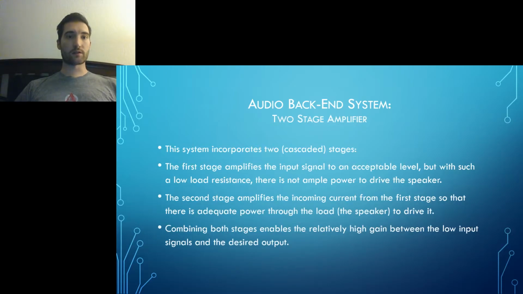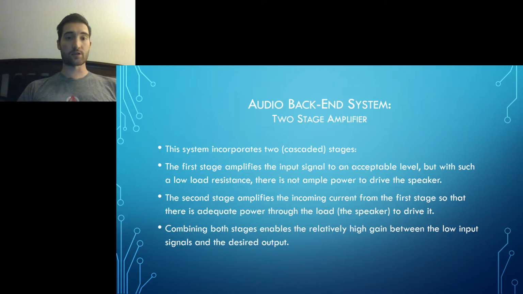The reason this system has two transistors, so why it's a two-stage amplifier, is because the first stage amplifies the input voltage to an acceptable level, but it doesn't actually do anything with the current. At the output, the speaker has such a low load resistance that the amplified voltage doesn't give it enough power to drive the speaker.